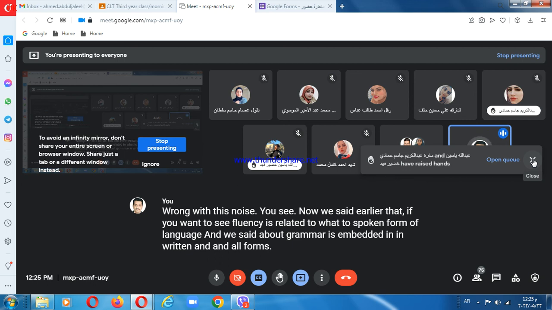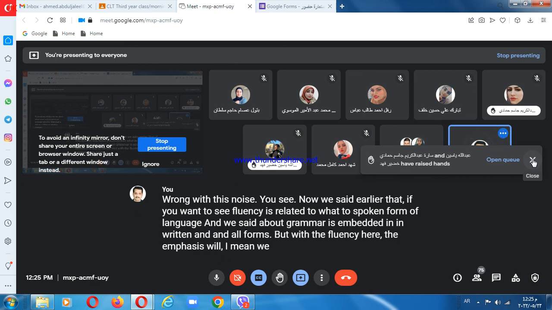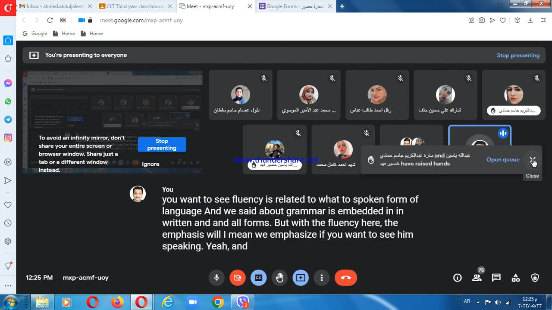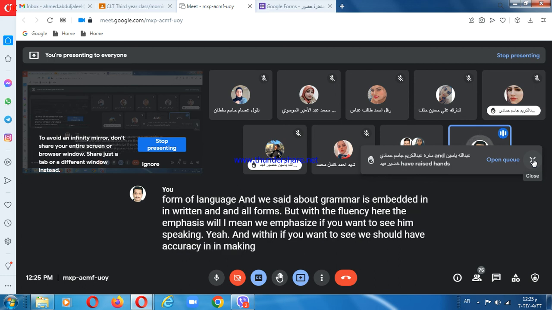But here we emphasize fluency in speaking, and within fluency we should have accuracy in making our utterances understood.